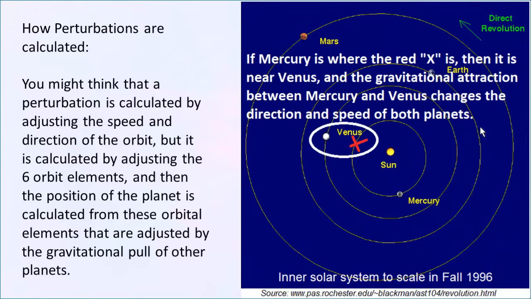So here's what happens with planets going around the sun. In this image on the right, we've got Mercury towards the bottom, slightly right of bottom. Venus is to the left. What happens if Mercury had traveled around to where this X is, and Venus was still here? What if Mercury and Venus were lined up, in other words?